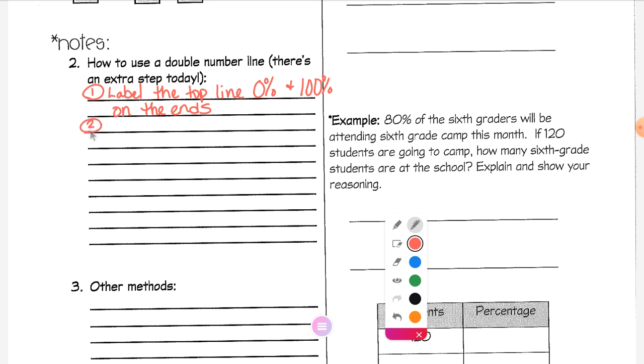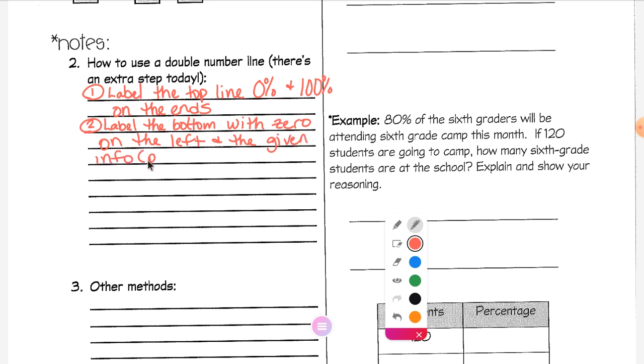Step 2 is label the bottom line with 0 on the left and I'm going to put given information.